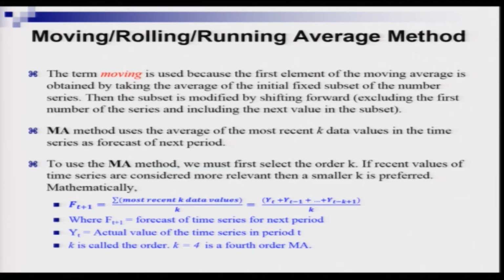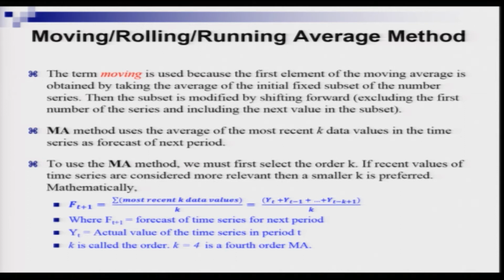This is the way I am going to proceed. Here capital F t plus 1 is the forecast of the time series for the next period, y t is the actual value of the time series in period t, and k is the order.